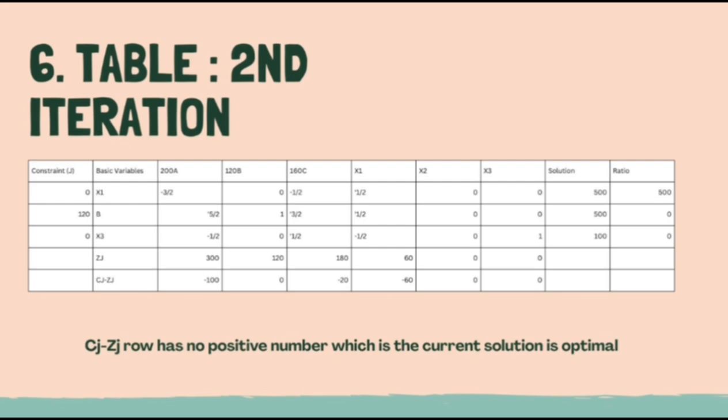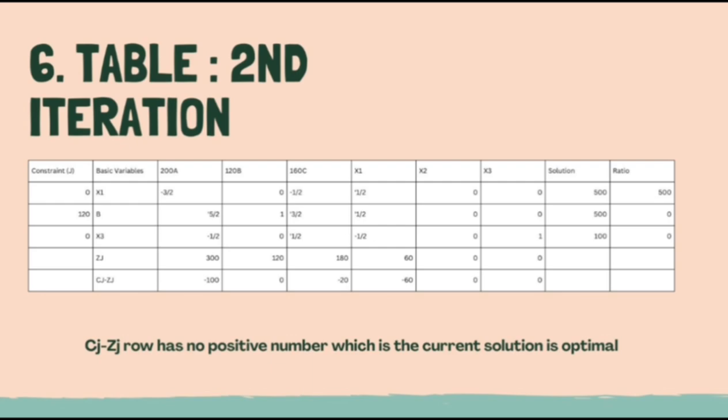After all the calculation, we found out that in the second iteration, the solution is optimal because all the numbers in the Cj minus Zj row are less than or equal to 0, which means that it is optimal.